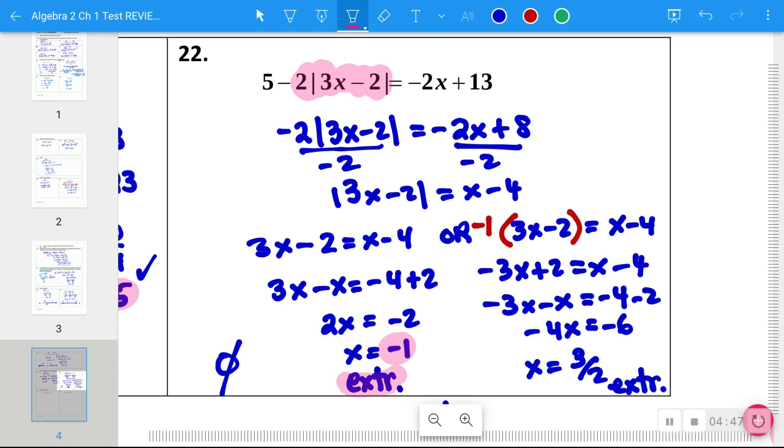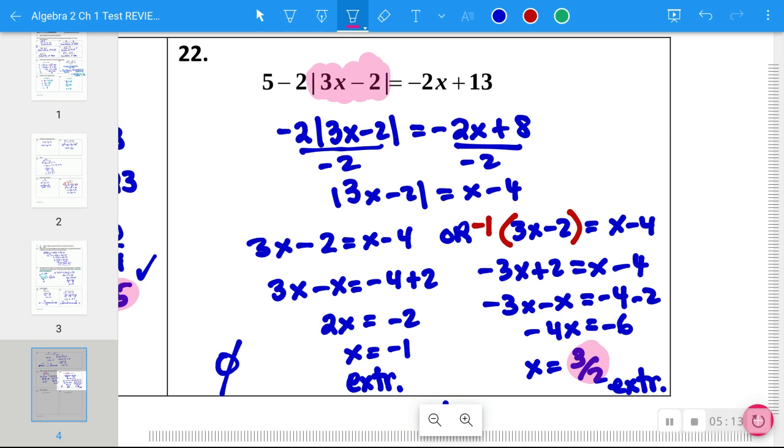Okay, now we're going to try the other answer, 3/2. When you put 1.5 in right here, you get 3 times 1.5 is 4.5. 4.5 minus 2 is 2.5.